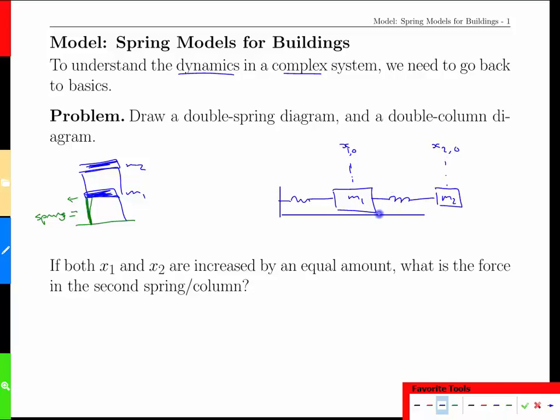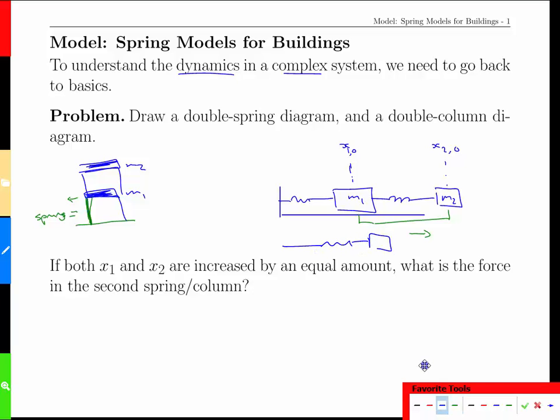When we go to look at the physics of this, it's important to note that if both of these were moved the same amount, say to the right, the spring stretch that results would be none. If they're at equilibrium now and we stretch both of these masses out, this spring will still be in equilibrium. This one would be stretched out.